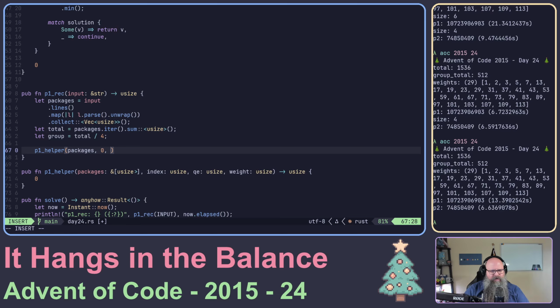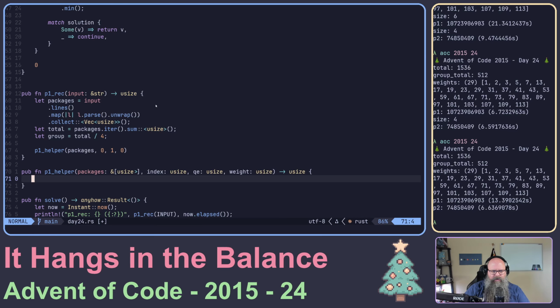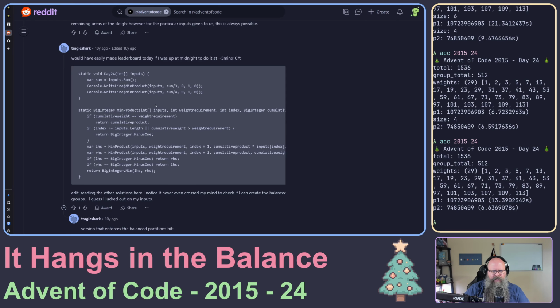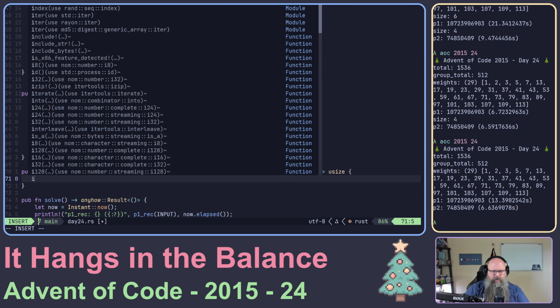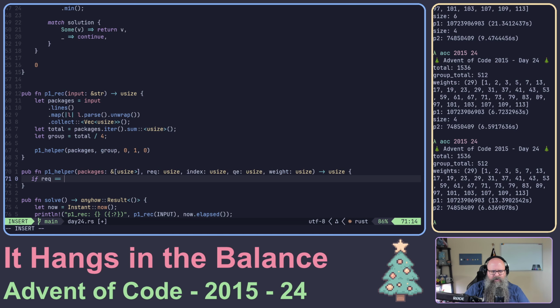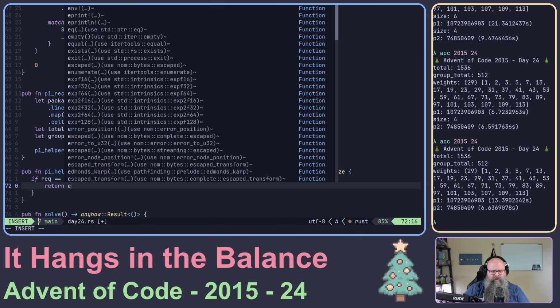start at 0, 1, 0. And then we say if the weight is equal to the requirement. Oh, I guess I need to include the weight requirements as well. So if required equals weight return QE.